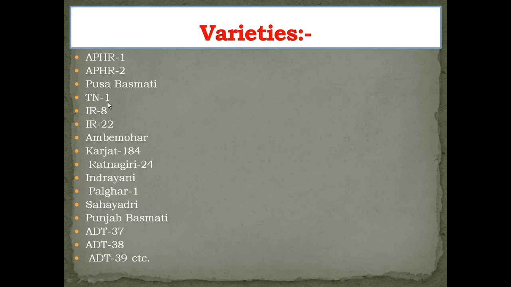Then TN1, IR8, IR22, Ambemohar, Karjat 184, Ratnagiri 24, then Indrayani, Palghar 1, Sahyadri, Punjab Basmati, ADT 37, ADT 38 and ADT 39. These are the different varieties of rice used in lowland or upland conditions, or that can be grown under lowland, upland or direct seeded rice cultivation.